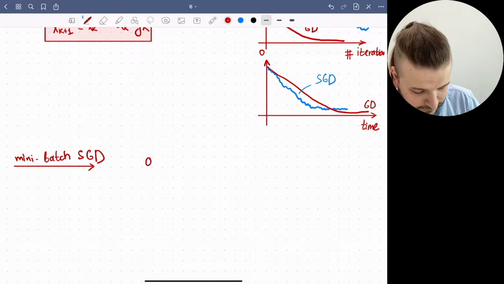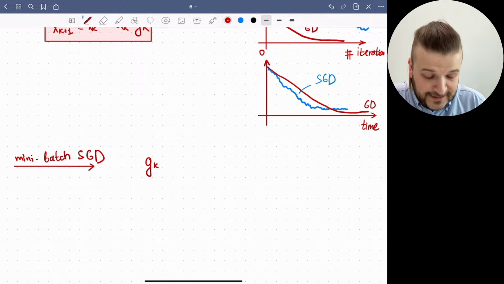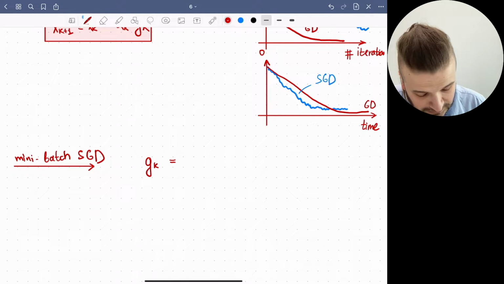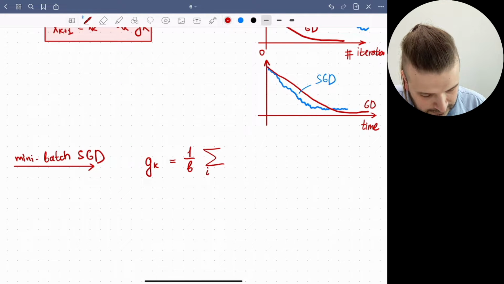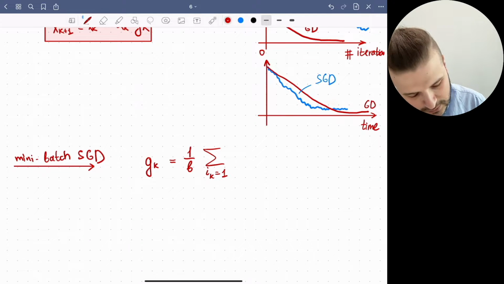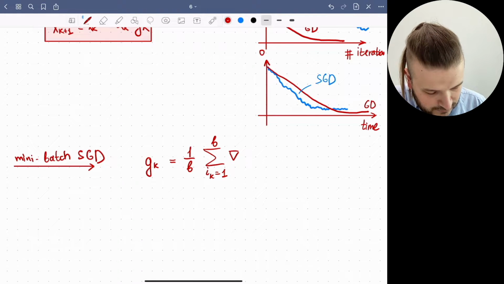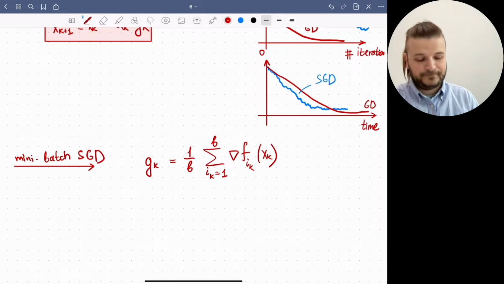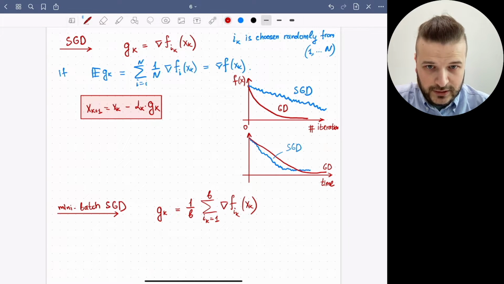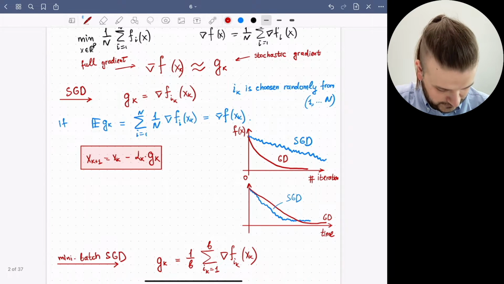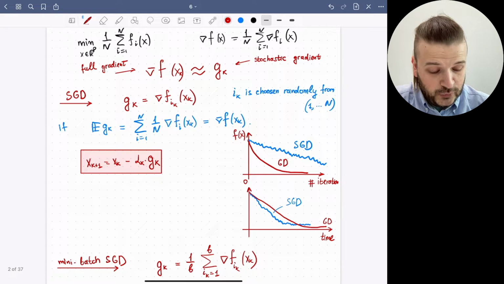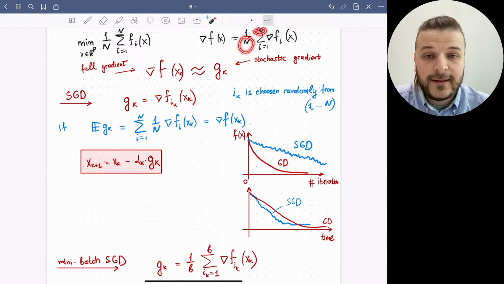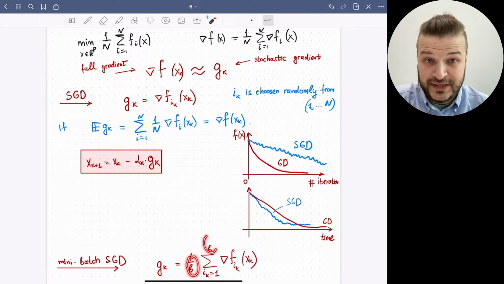And here we have the stochastic gradients presented in the following way. It will be 1 over b, the sum over i_k from 1 to b, of the gradient of function i_k of x_k. So again, let's compare these formulations. We can see that we just replace the number n by the number b, which is called mini batch here.